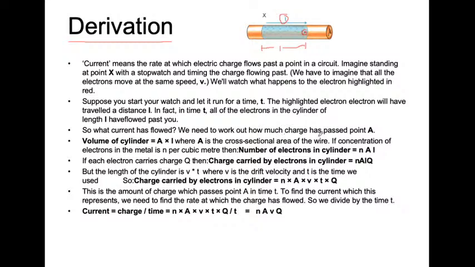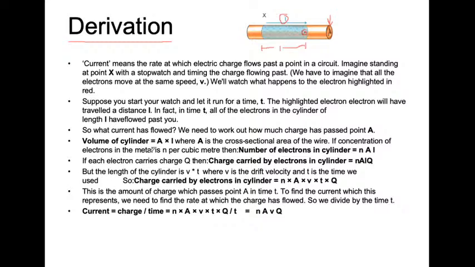First, we need to find out how much charge has passed point A. In order to find how many of these charges, we need to find out how many electrons, because we know the charge per electron, but we need to count how many electrons are here. We're going to use the volume of the cylinder with the cross-sectional area A times the length of the cylinder. Length of the cylinder times its area gives us the volume.